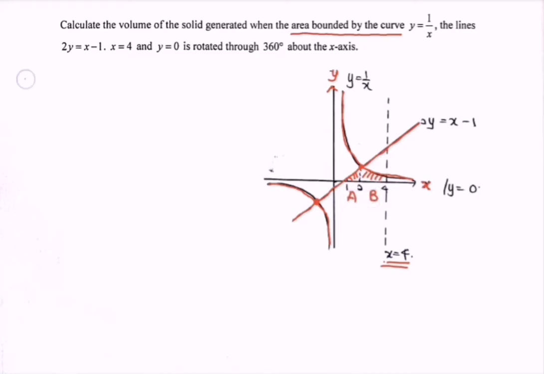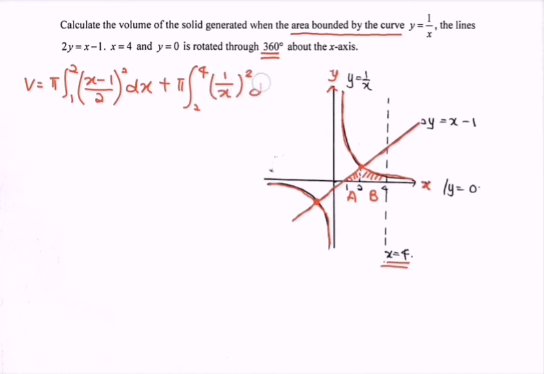The volume would be V equals pi, because of the 360 degree rotation about the x-axis. So pi integrate for part A from 1 to 2, for the function x minus 1 over 2, in brackets squared, with respect to x, plus part B, where we have pi as well, from 2 to 4, and the function involved will be 1 over x, in brackets squared, with respect to x.